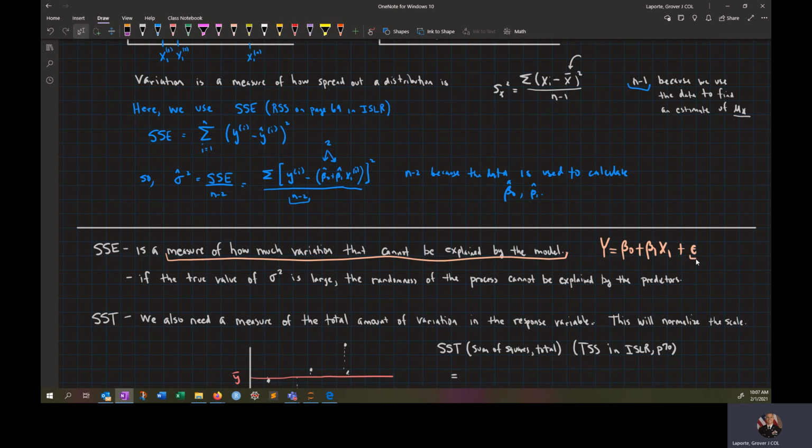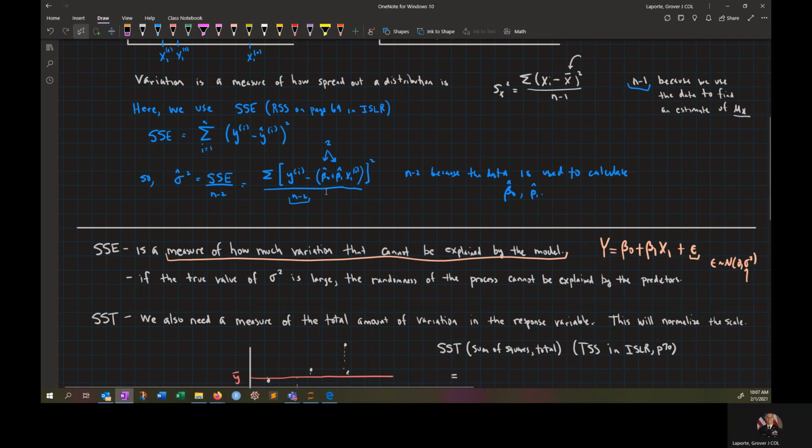We don't know what these parameters are, but even if we did, it wouldn't matter, because there's going to be some randomness, and it depends on how big. Epsilon is normal with mean 0 and variance sigma squared, and it just depends on how big that is. What we're trying to do up here is get an estimate for how large that is. But really, it's that variation that nothing we can do is going to be able to explain. So let's say that that's the variation that cannot be explained by the model.